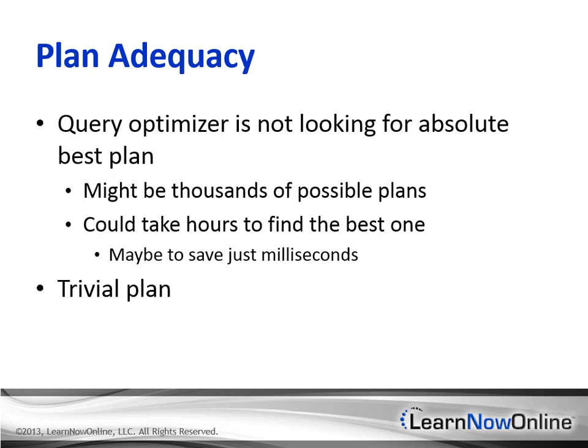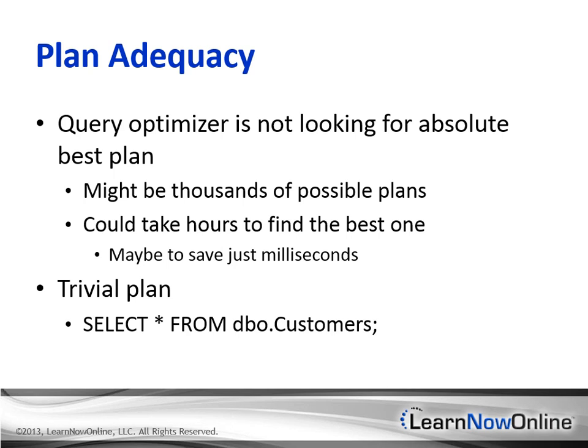One of the tasks that the optimizer does is to look for a trivial plan, which has a known and constant cost, involves no parameters, and only uses system functions. An example of such a plan would result from a select star from dbo.customers.